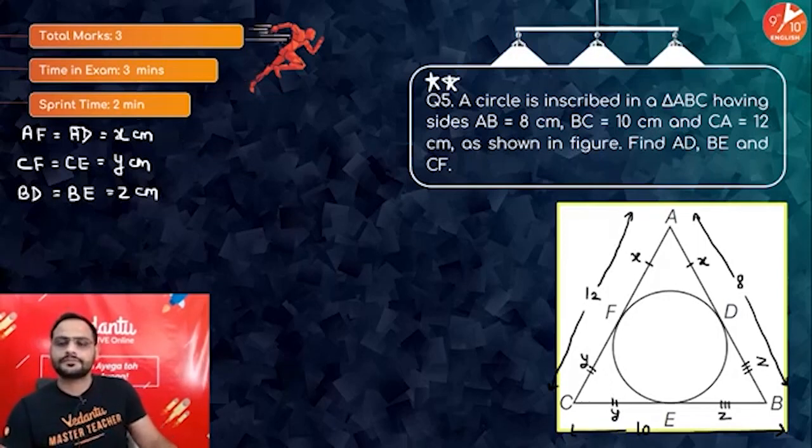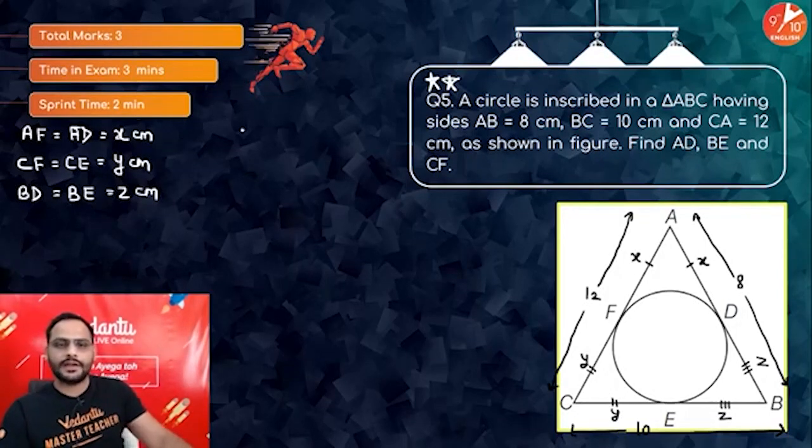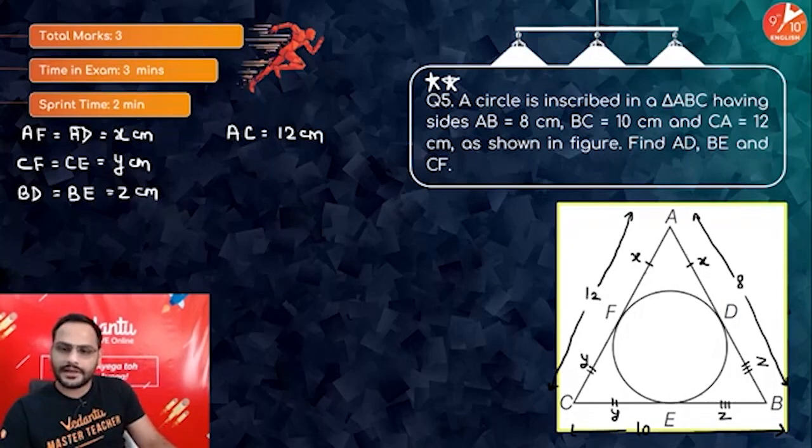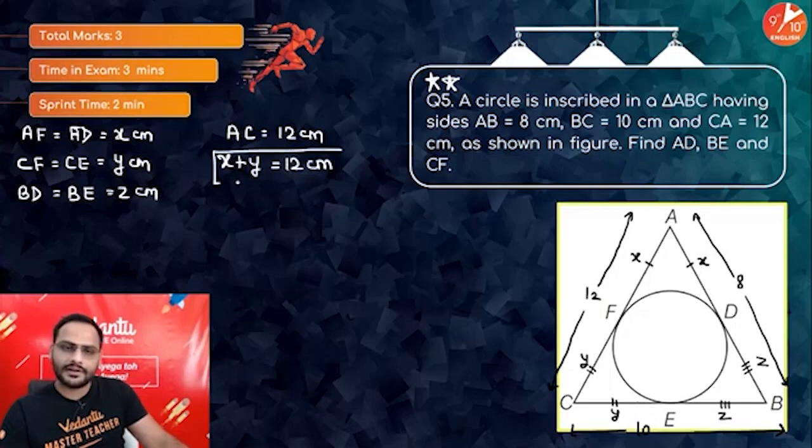Now, look what is AB, what is AC. So guys, you know that AC is given as 12 centimeters and AC is nothing but AF plus CF. So from here we'll get one equation, X plus Y is equal to 12 centimeters. Okay, directly I can write, you are able to understand, right?